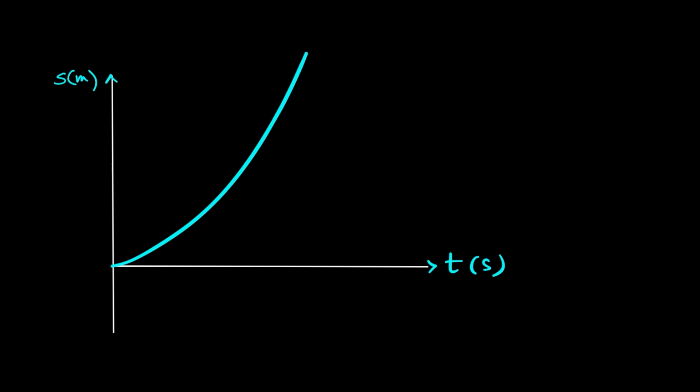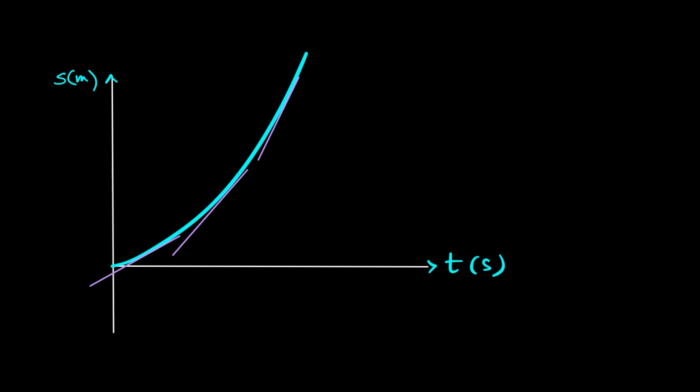What we observe over here is that the gradient is changing because it's a curve. And the gradient is getting bigger and bigger. How do I know this? I can draw some line segments, for example, at this point, and then at this point, and then at this point. We can see that the gradient of the line segment is increasing.